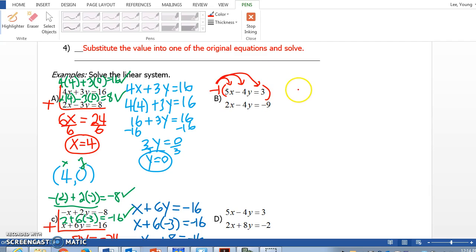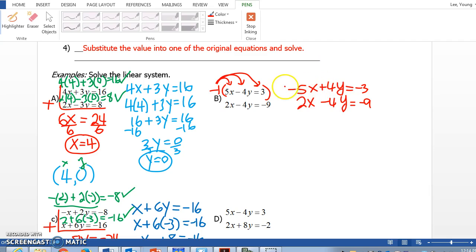What's going to be the new equation? -5x plus 4y equals -3. Now we're going to bring down the second equation as well: 2x minus 4y equals -9. Now, do I see opposites? Yes, we do.